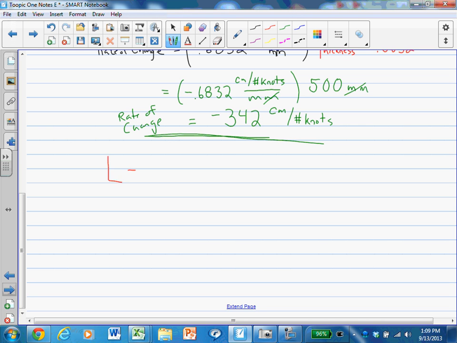The length equals our slope, which is minus 342 centimeters per number of knots, times the number of knots, plus L0, which is the y-intercept, our original length of our cable. So that's just like the problem that you had for your individual notes.